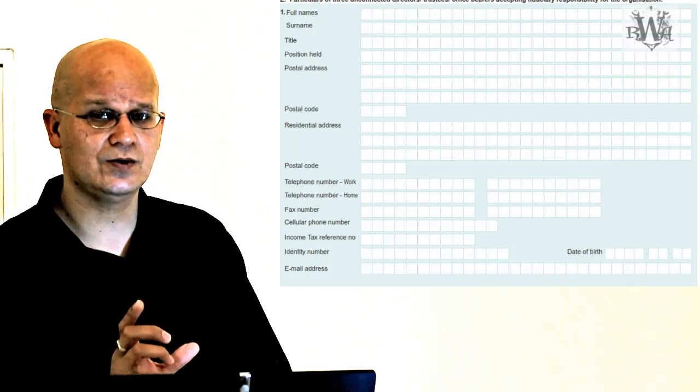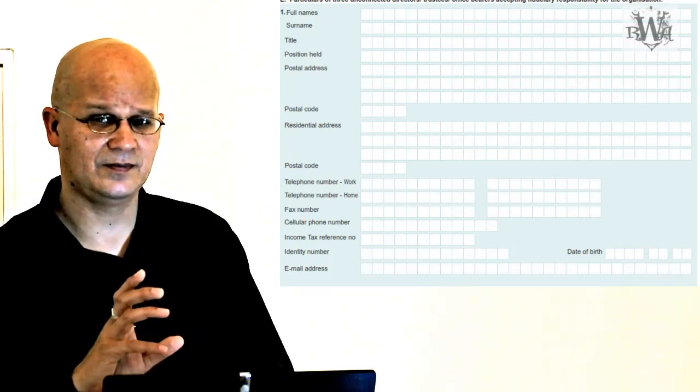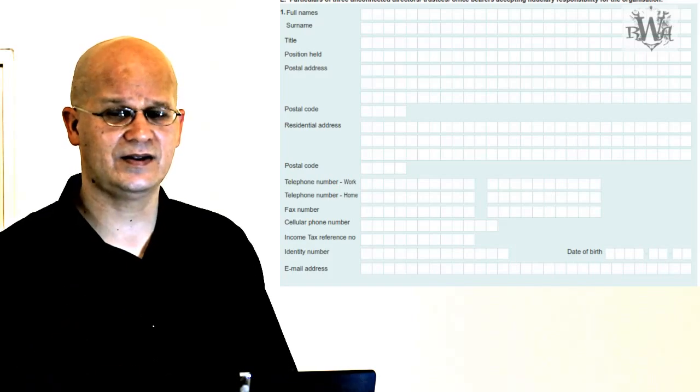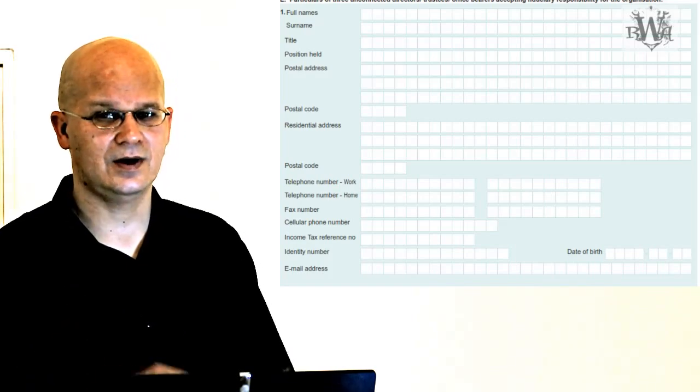And so page 2 asks for the details of the 2 board members, and you'll see on page number 3 the details of the 3rd board member. So those 3 people must not be related, and their details must also be consistent with what's on your certificate of incorporation if it's a company, or the letters of authority if it's a trust.